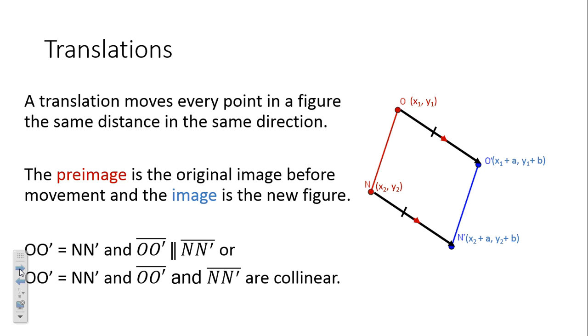Pre-image, image. If you can remember that they're either going to be parallel, or if we decide to translate this maybe in this direction, my new O prime could be here, my N prime will be down here. It would be collinear with the original, wouldn't it? Same length, same distance, same direction, but now they're collinear. Okay? Everybody good?